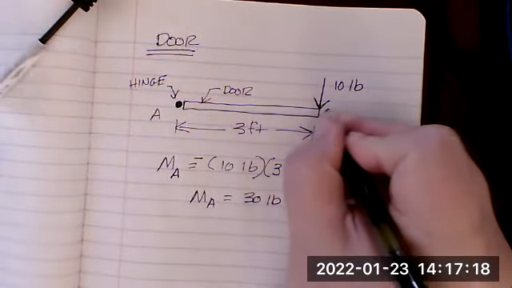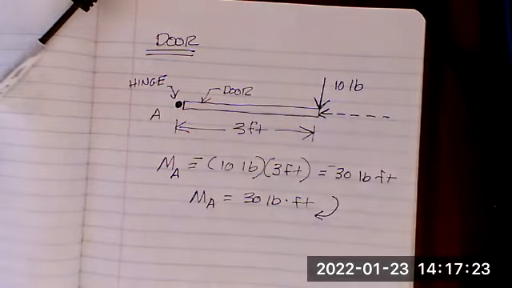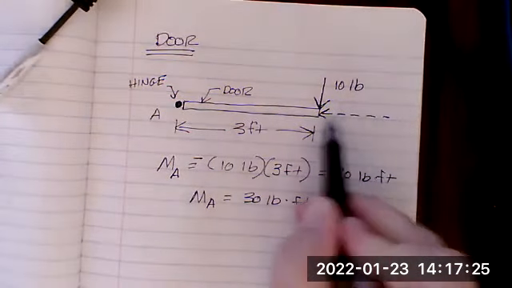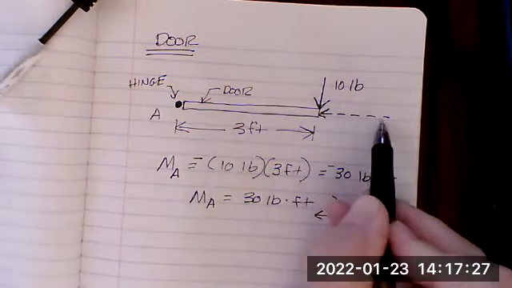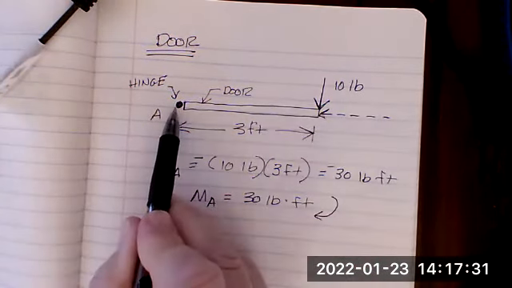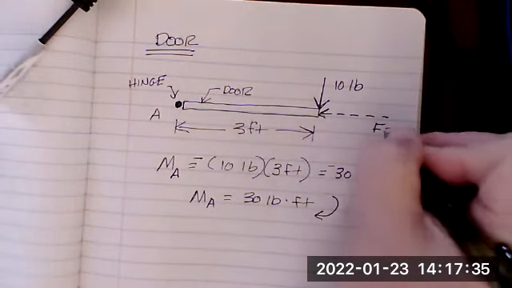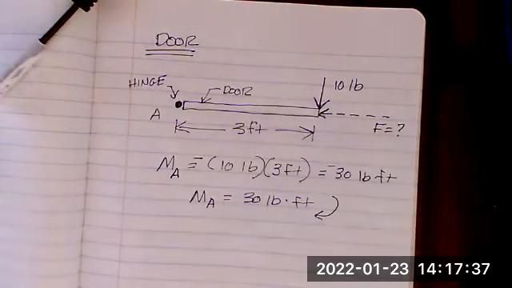Now, let me ask you a question which you can't answer because this is asynchronous, but if you could answer, if I was to apply a force that was on the side of the door here that intercepts point A, with this force, whatever it is, would it cause rotation?